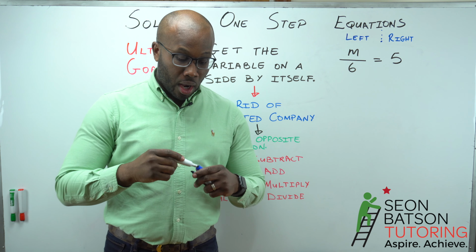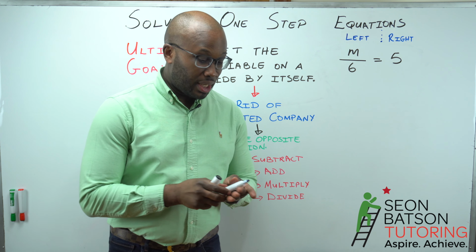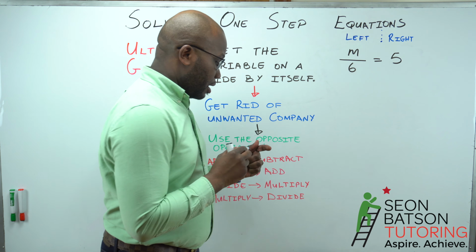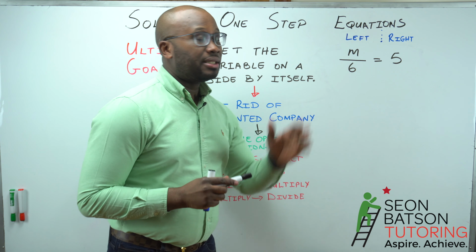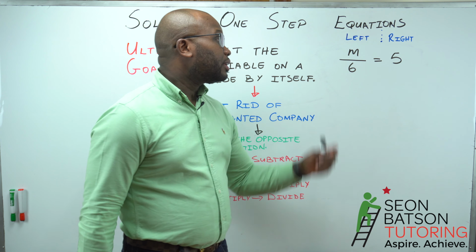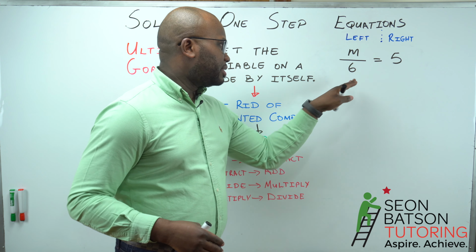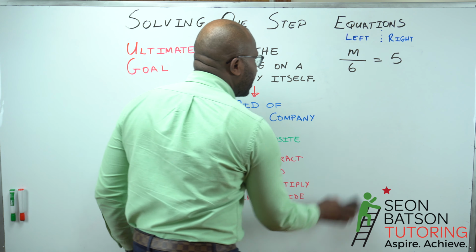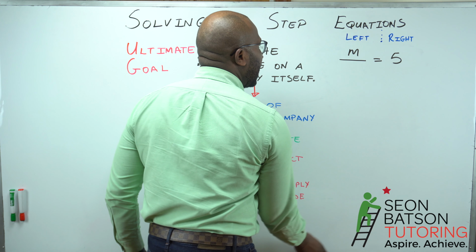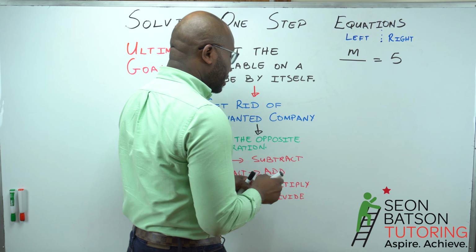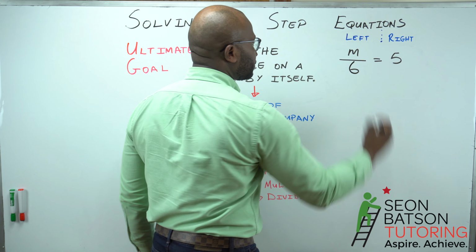Again, our ultimate goal is to get m on the left side by itself. However, to get m by itself, we will have to get rid of the 6. Yes, look right here. If I get rid of the 6, m will be on the left side by itself.